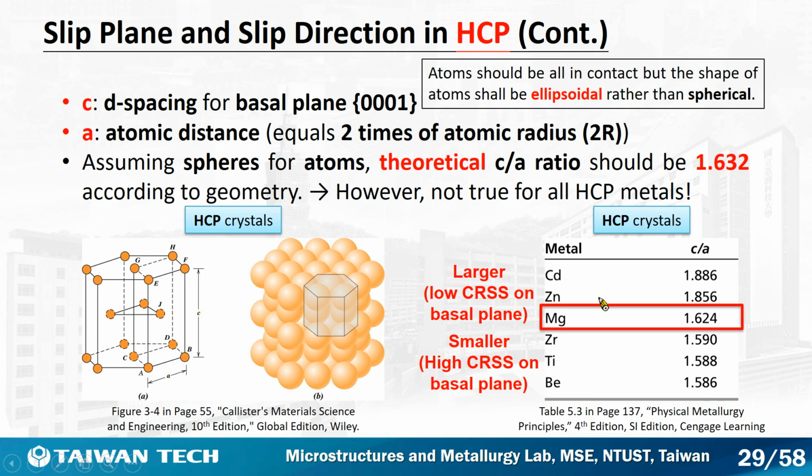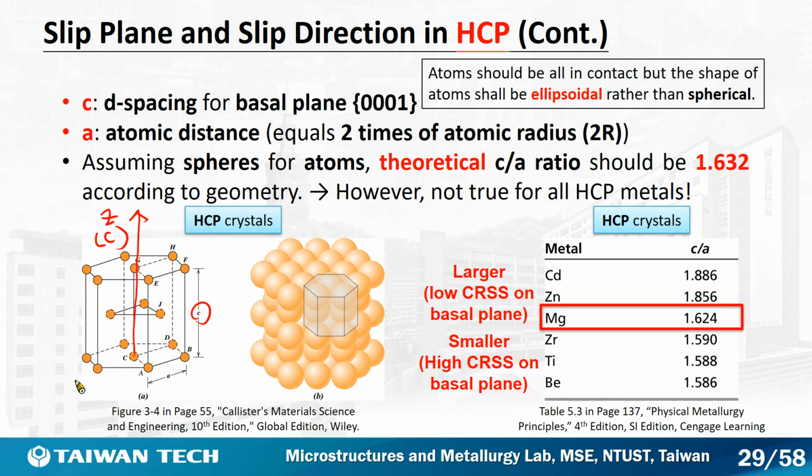And let's talk about the C over A ratio. So let's first see the crystal structure of HCP. So you see here, this one with the Z direction, we will use C for the unit cell edge length.